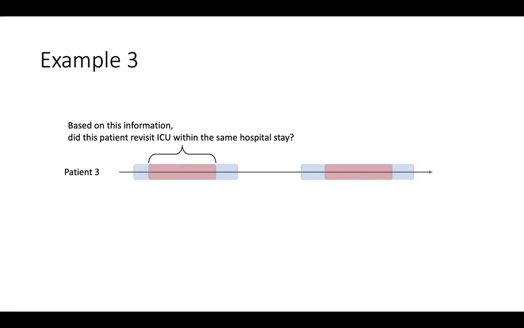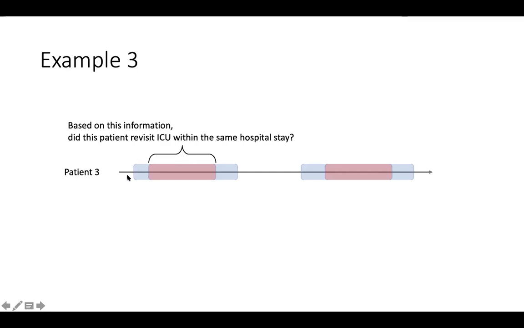And example 3. This doesn't apply to EICU, but just for technicality, just to be complete. Suppose that we're doing this with MIMIC-III, and that we reconstructed this patient's lifelong experience. The question is, given this red information, did this patient revisit the ICU within the same hospital stay? And the answer is, of course, no. Yes, 우성님 맞습니다.